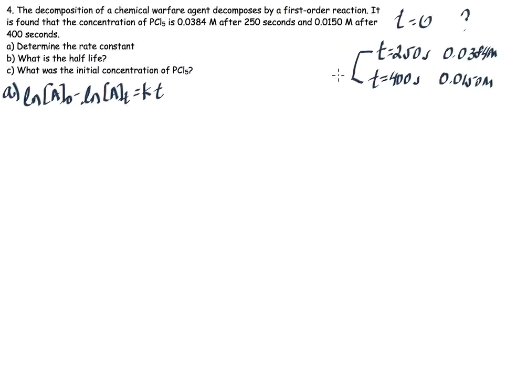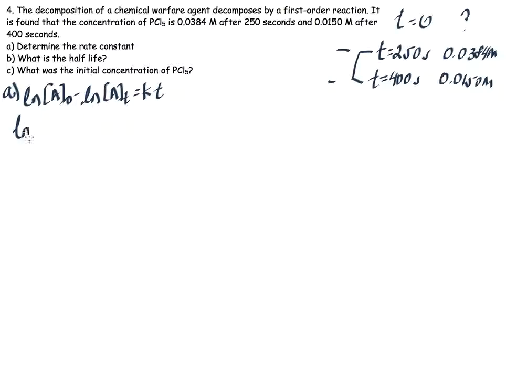So this is going to be the initial concentration, 0.0384. This is going to be the final concentration, 0.0150, right? The concentration drops. So we want K here, so let's just go ahead and plug things in.